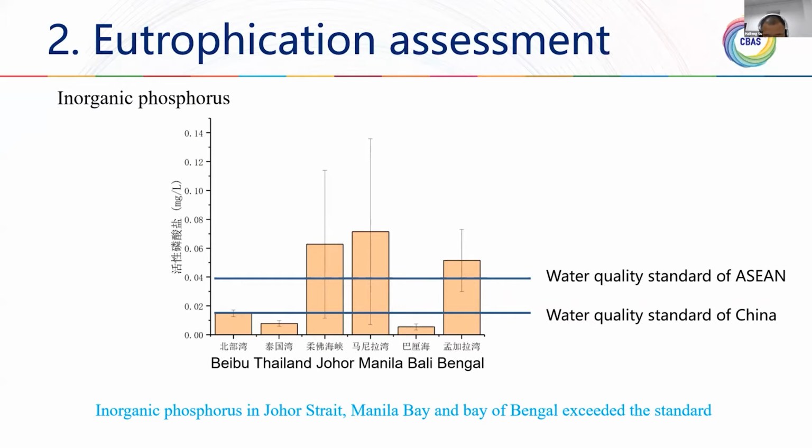The reason is that there are 5 grades of water quality standards in China, but only 1 in ASEAN countries. Inorganic phosphorus in Johor Strait, Manila Bay, and the Bay of Bengal exceeded the standard of both China and ASEAN.